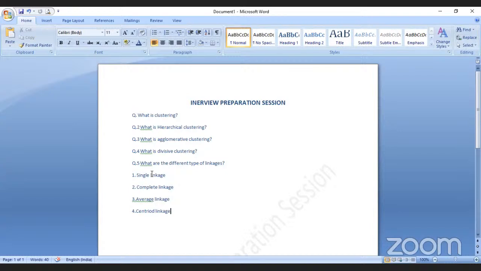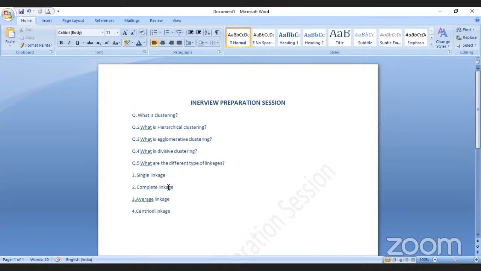This is nothing but the minimum distance between the members of the 2 clusters. When we are measuring the minimum distance between the members of 2 clusters, there we are taking single linkage into consideration. Why? Because we are doing the single linkage from 1 to 1. So it is single linkage.